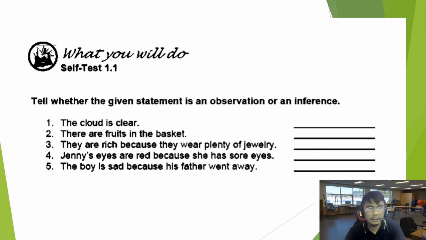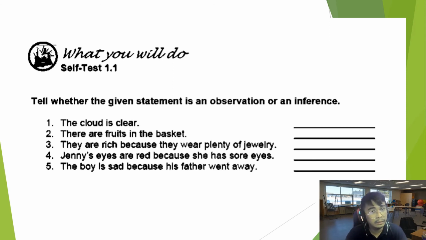Now for the next activity, for self-test 1.1, you just need to tell whether the given statement is an observation or an inference. Okay, so you have 5 items. So you have 50% chance of getting the correct answer in every item because you have 2 options, observation or inference.